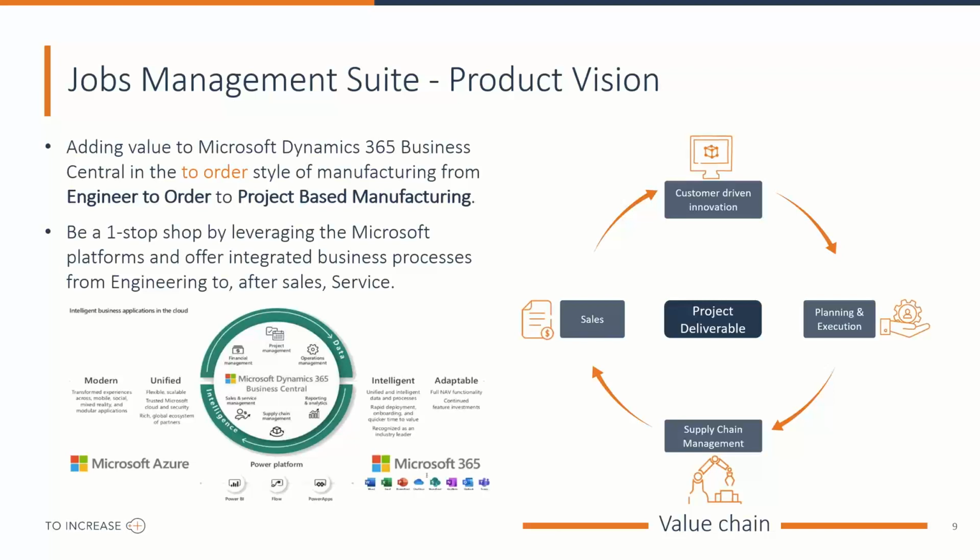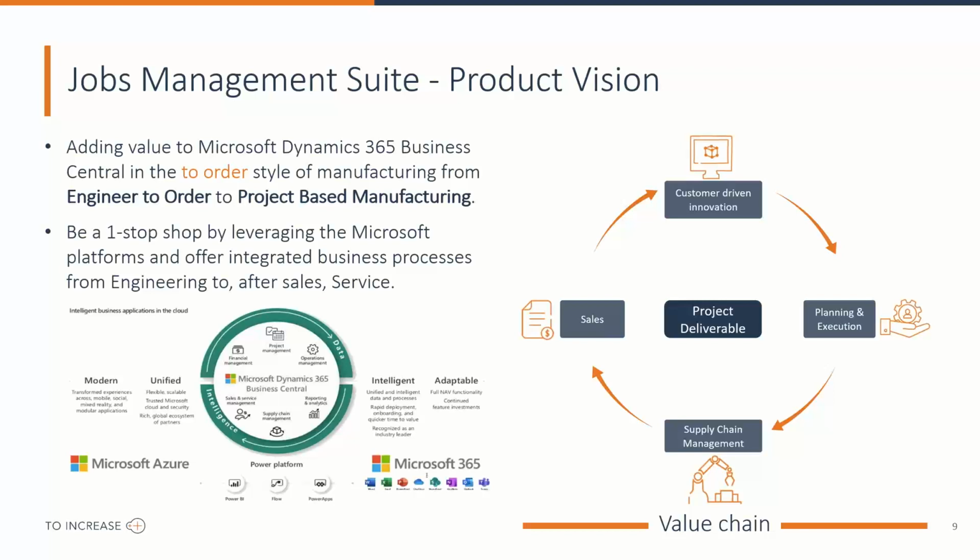So if we look at the total value chain, where the project deliverable is sort of the central point, that is the end result of the project, that's where you want to go to, is that we add functionality in the area of sales. Also the involvement of the customer with engineering change management.